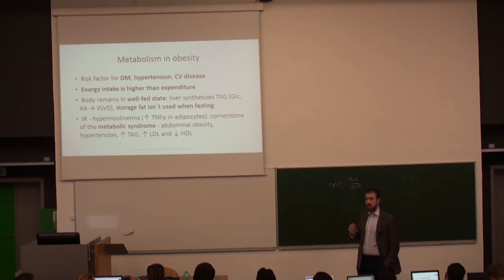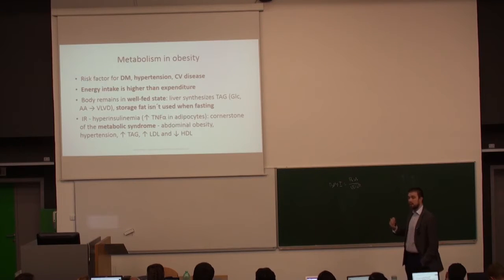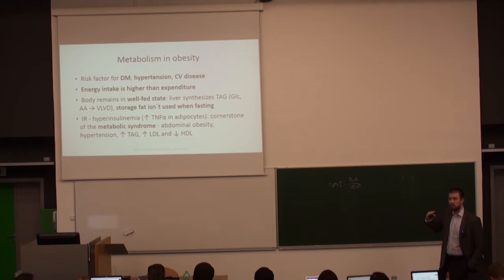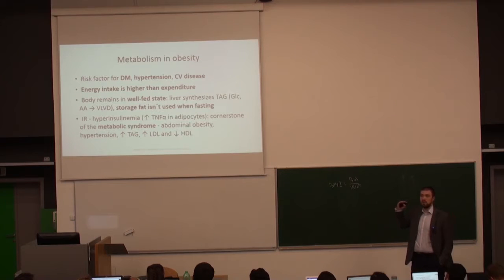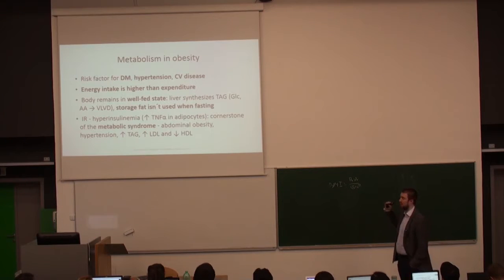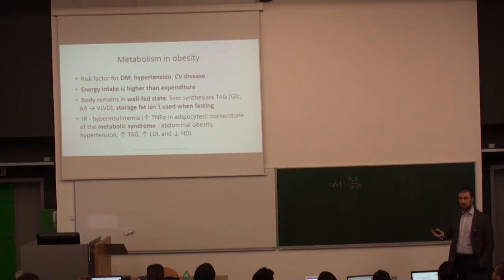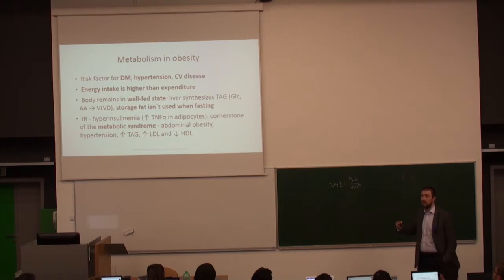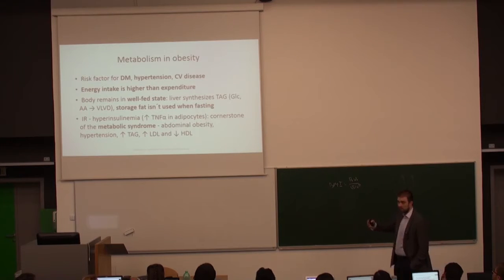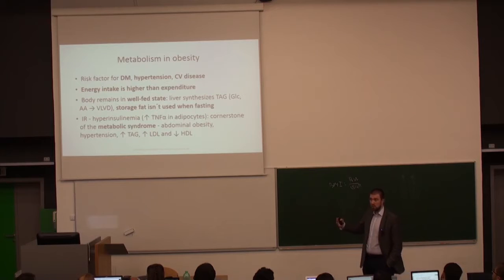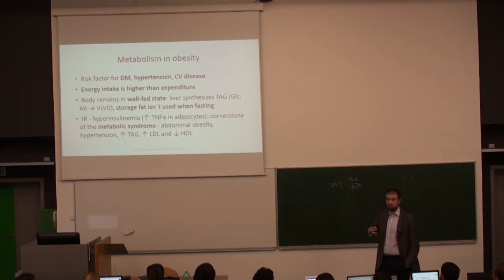What happens here is that if your body stays in the well-fed state, then there are typically for a long time higher values of insulin than there should be. Or you can say that there are no episodes of the drop of insulin. And as you know from real life, if you have some stimuli that are for a long time and are still the same, you become less sensitive to them.